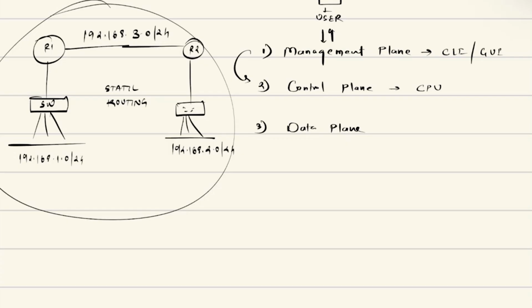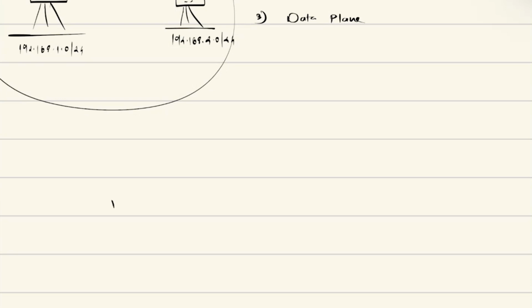All of this is done by the control plane, but it is enabled by the user via the management plane to the control plane. And then it's going to take and install all the routes that come up, right? All that stuff is going to happen over there. And then the control plane is going to take some decisions. For example, let's say that we have router 1, then we have router 2, router 3, router 4.